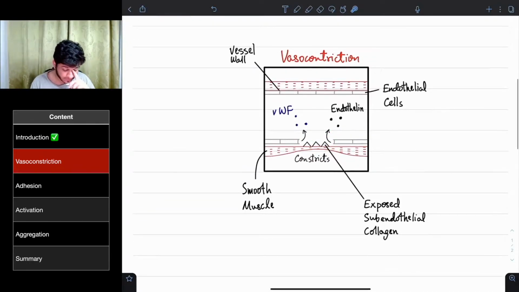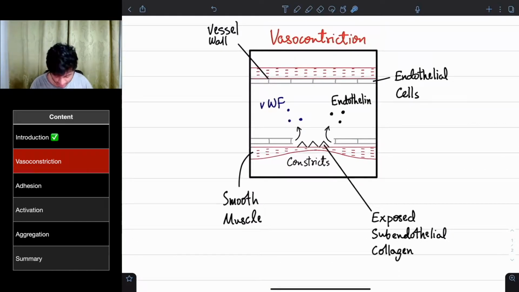Now, when there is damage to a blood vessel, there's something called vasoconstriction. So the diameter of the blood vessel would actually decrease to reduce blood flow, to reduce excess blood going out of the body. Because of the injury, you could see the endothelial cells also would get damaged.